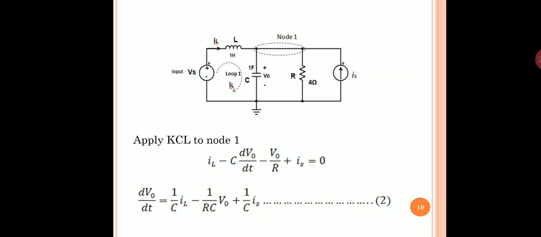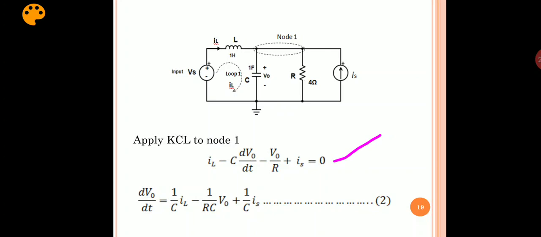So for this node, IL is the input current, Is is the input current, and the currents through the capacitor and the resistor are the outgoing currents. So they are written as negative. The usual convention we follow is incoming currents are positive and outgoing currents are negative. So here is the KCL equation.